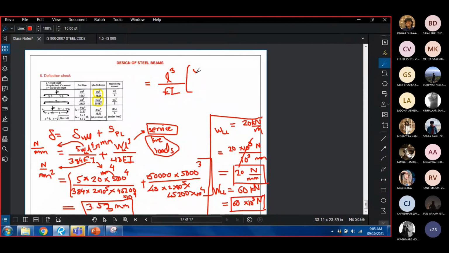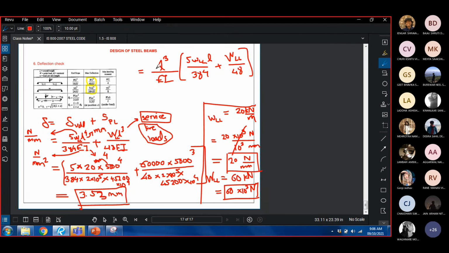What is remaining is 5 into small w live load into L on 384 plus this is W live load upon 48. Now this is easier to solve. So you don't have to use these terms twice in the calculator. You can just take it outside and solve it, and you can get the same answer.